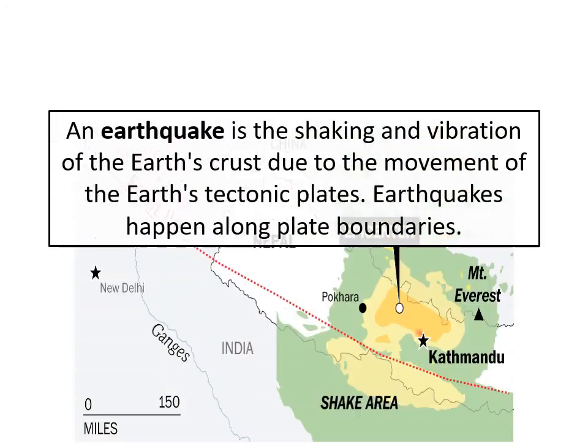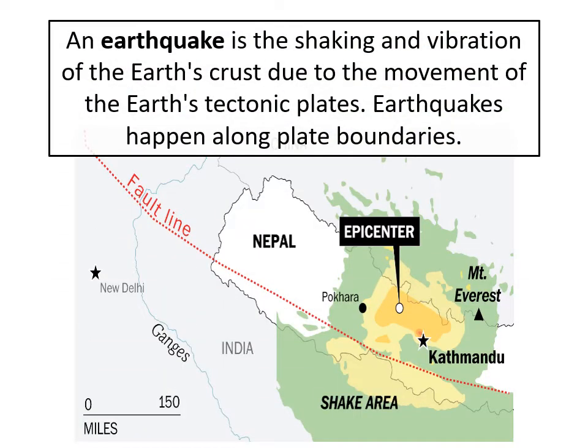Okay, now we've done that, hopefully you've got a good idea about how earthquakes happen. You've thought about all the knowledge you have already, and now we're going to learn a little bit more about them. First of all, we need to know what they are. A definition that I would like you to write down is: an earthquake is the shaking and vibration of the Earth's crust due to the movement of the Earth's tectonic plates. Remember those plates moving because of the convection currents?